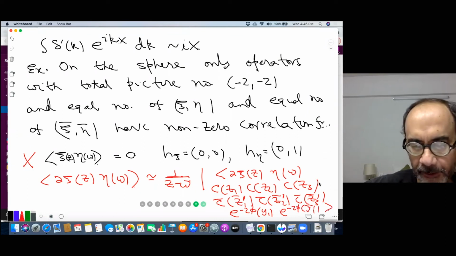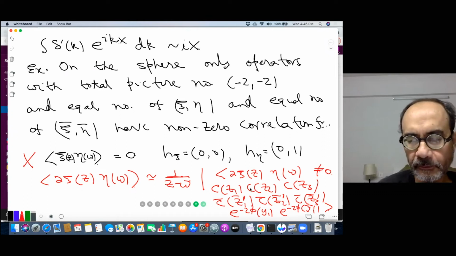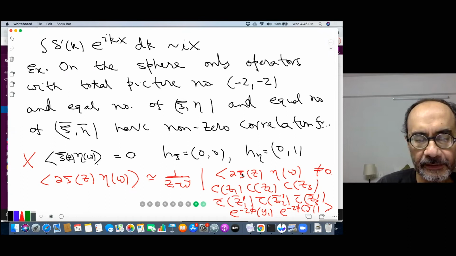This can be non-zero. You cannot apply the argument on xi of z eta of w times this. Is this clear?